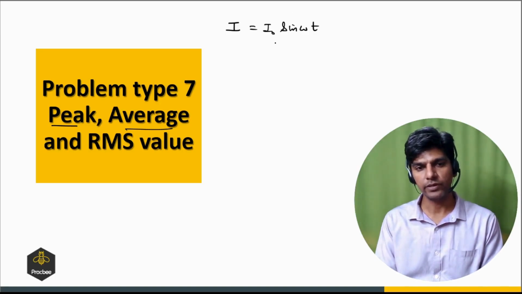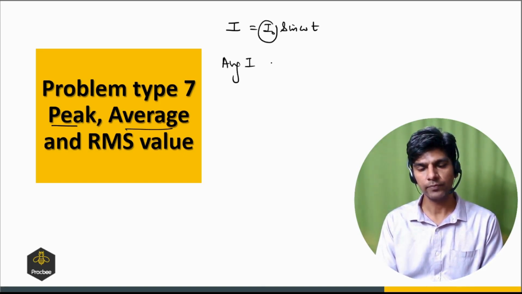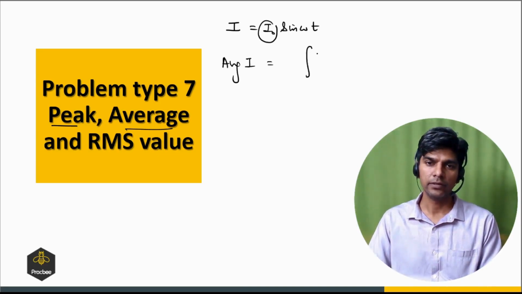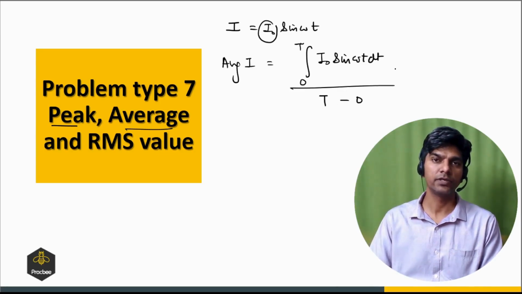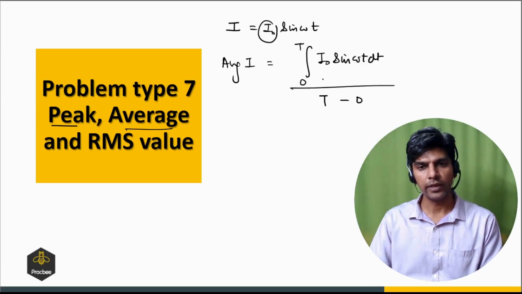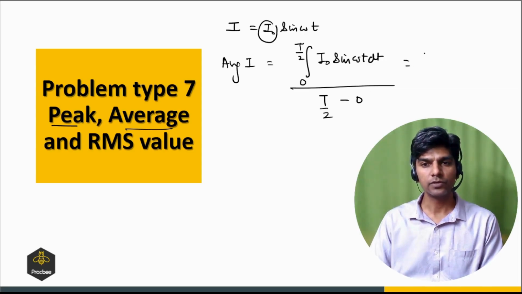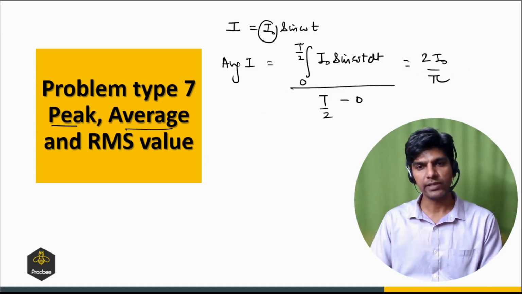To find the average value of I, it will be the integral of I naught sine omega t dt from 0 to capital T divided by T minus 0. That is the average value for one complete cycle, and for half cycle this will become T by 2, and it comes out to be 2 I naught by pi for half cycle, and for full cycle the average value will be 0.